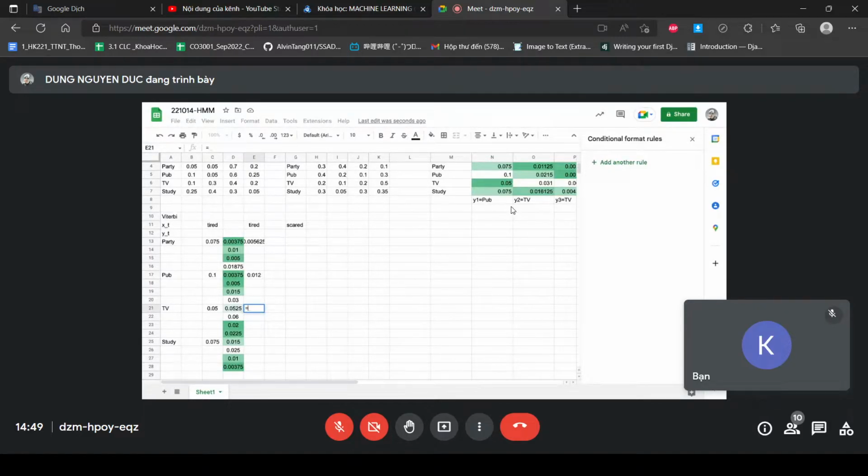So I need the emission probability here. It's going to be tired given you're in TV, which is H6, right? Multiplied with the max over these four numbers. That's what I have. I can also give you this H7, which is the emission probability multiplied with the max over these four values. So at this step, you have four Viterbi probabilities according to four possible options for y2.